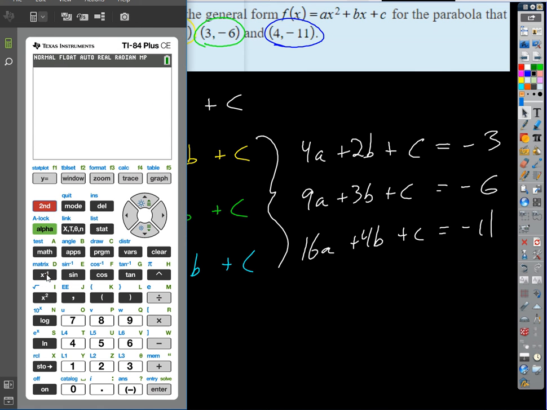matrix stuff, right? So we go matrix. I'm going to use one of these 3 by 4, so I'll just use matrix D. I'll edit matrix D. So it's a 3 by 4. What are my coefficients? 4, 2, enter, 1, enter.